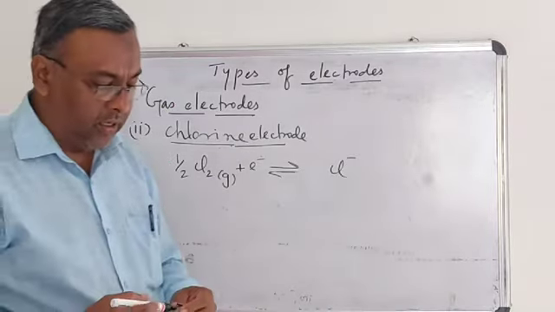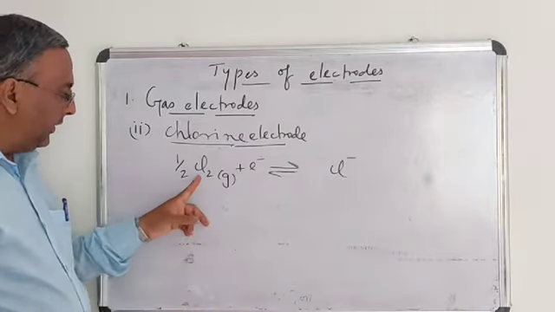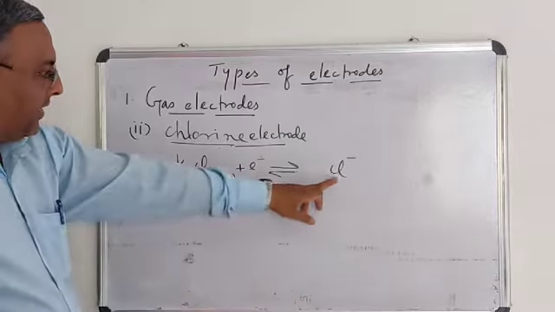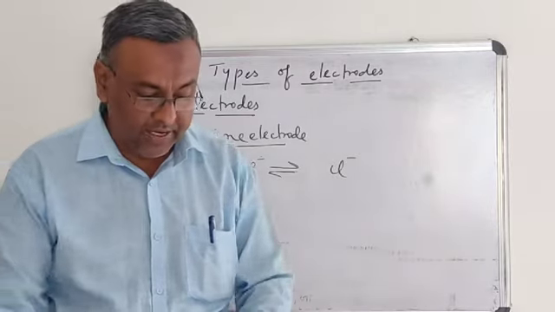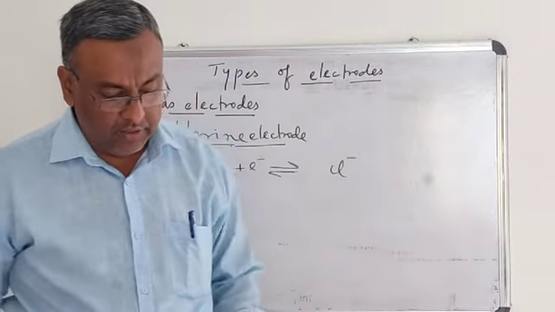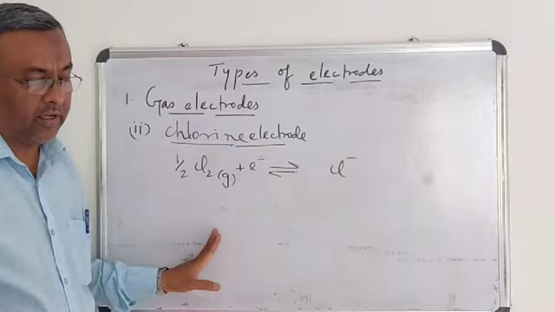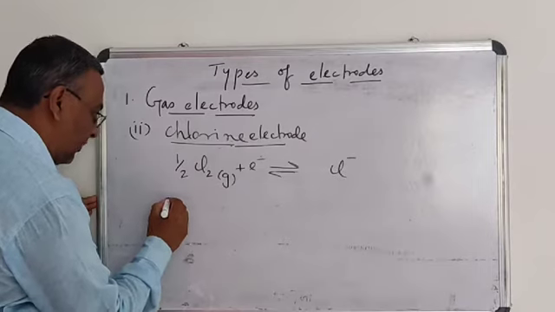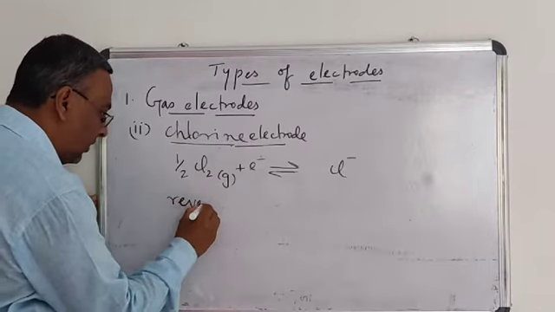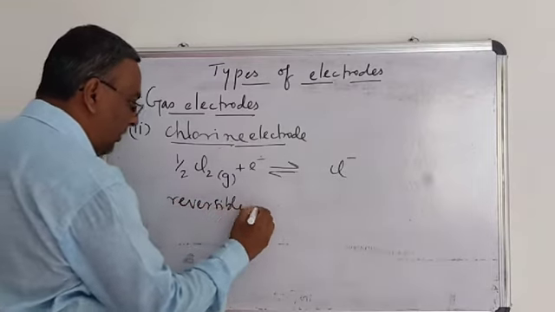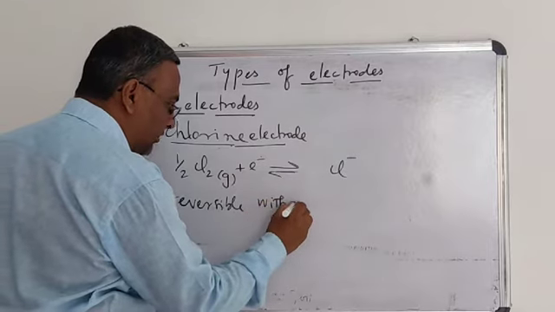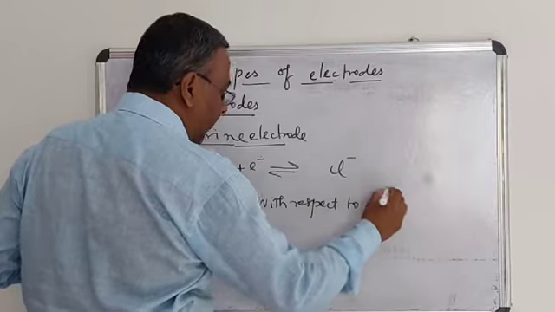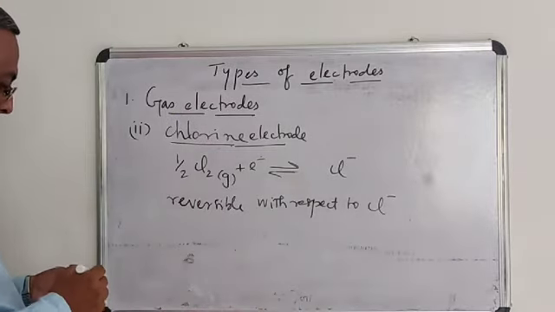So in this electrode, chlorine gas gains electron and is converted into Cl minus, and therefore this electrode is reversible with respect to Cl minus ions, that is the chlorine electrode.